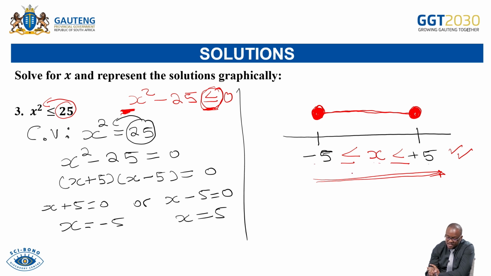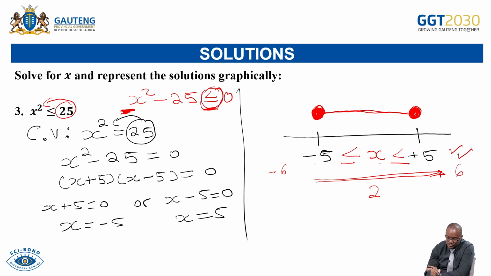The very same sign will give you your solution. Like I said, when teachers teach, they will tell learners to test it: a number that is less than -5 is -6, any number between -5 and 5 we can say is 2, and the other one is 6.